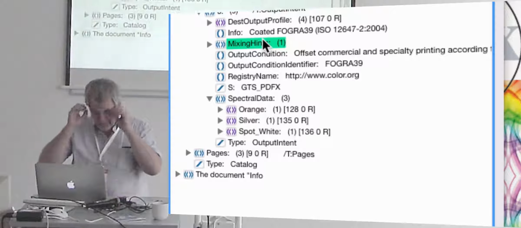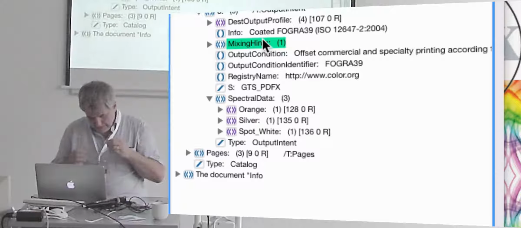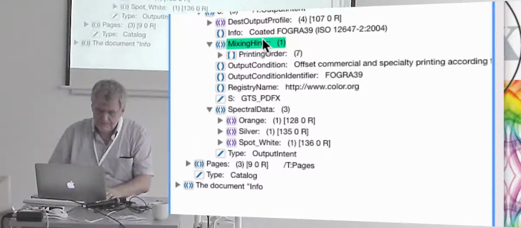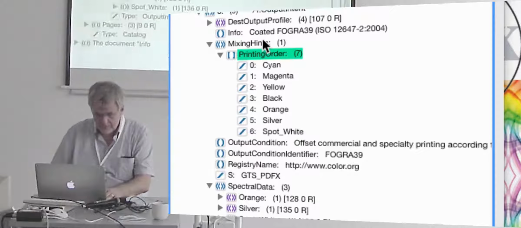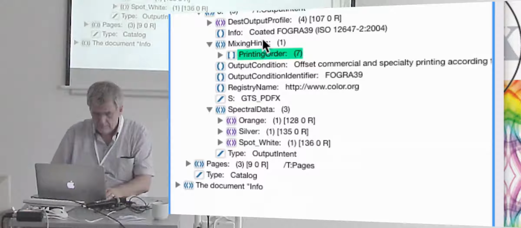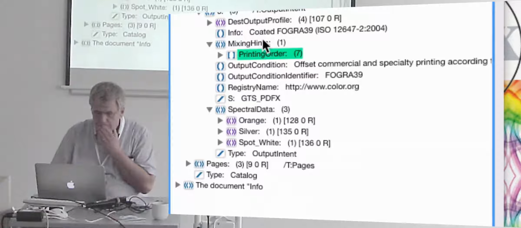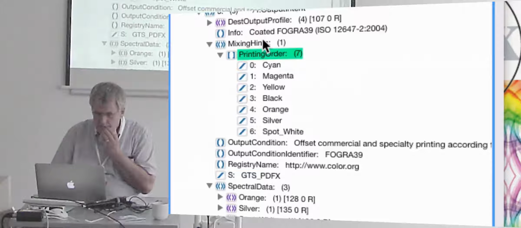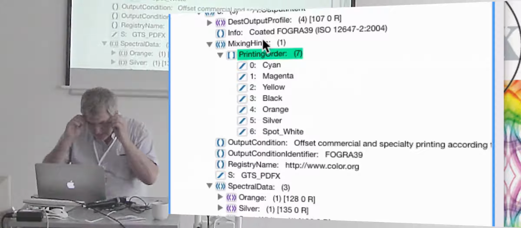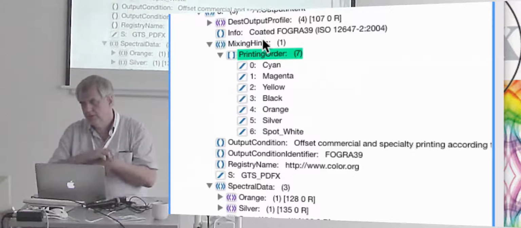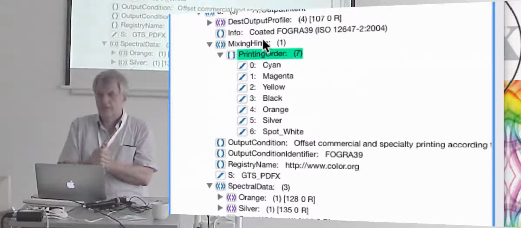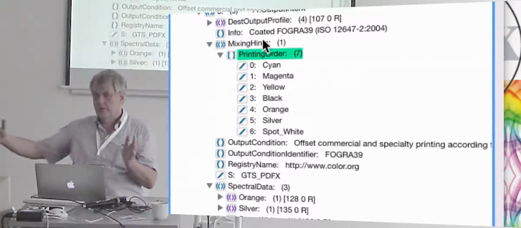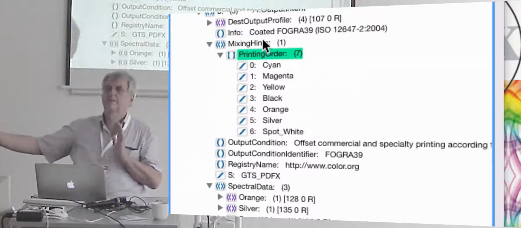there is an alternative approach, and it uses printing order. There's something missing here. Or maybe not. Mixing hints gives you 2 bits of information. One is printing order, because it does make a difference which ink gets printed first, at least in conventional printing presses.